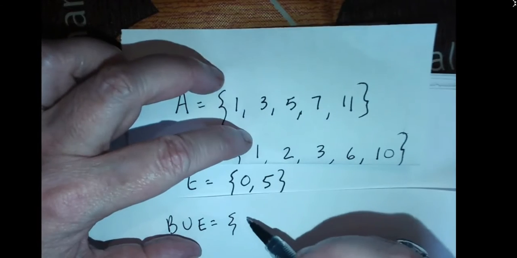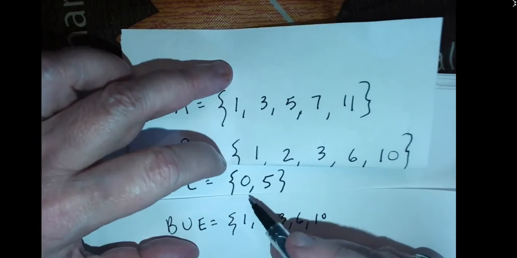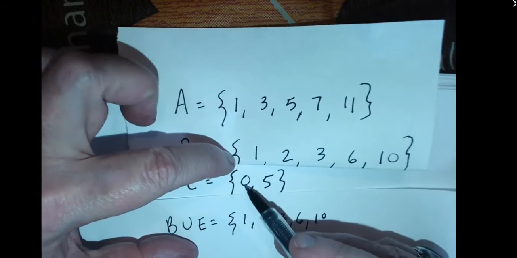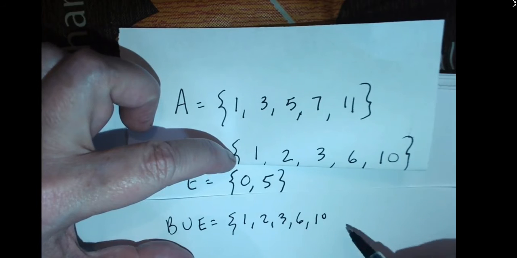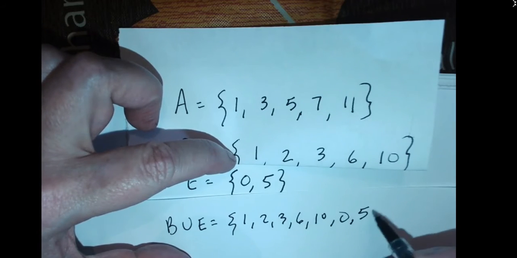I'm just going to take everything in B and then I'm going to add on everything in E, but I just make sure I don't have any duplicates. So I'm going to add on a 0 if it's not in here, and I'll add on a 5, and it's not in there. And this is correct.